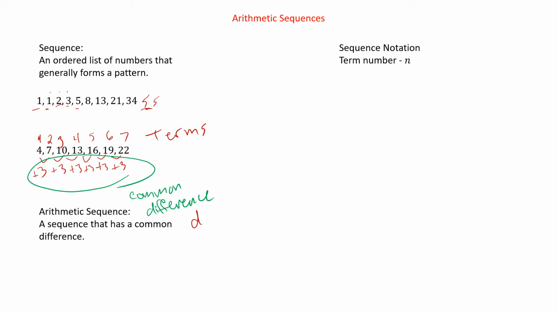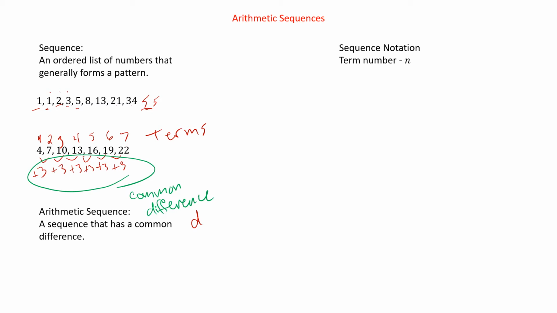Now, the difference between an n and an x is in the implication. X implies that this is going to be a continuous variable. We can have all sorts of stuff in between. N implies it's going to be an integer. We can have the first term, we can have the second term, we can have the third term.